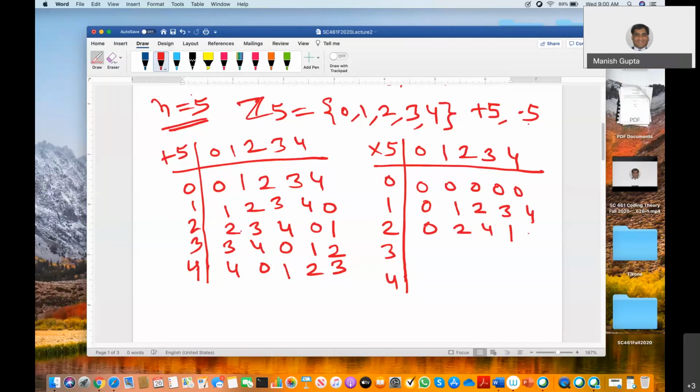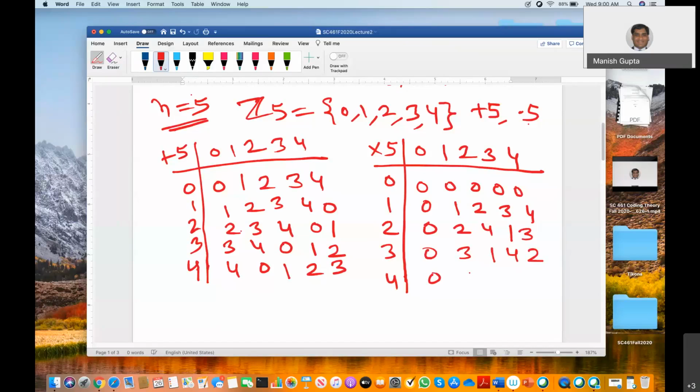And then 2 into 4 is 8, modulo 5, it is 3. 0, 3. 3 into 2 is 6, which is 1. And 3 into 3 is 9, modulo 5 is 4. And 3 into 4 is 12. 12 modulo 5 is what? 5 twos are 10, so it is 2.